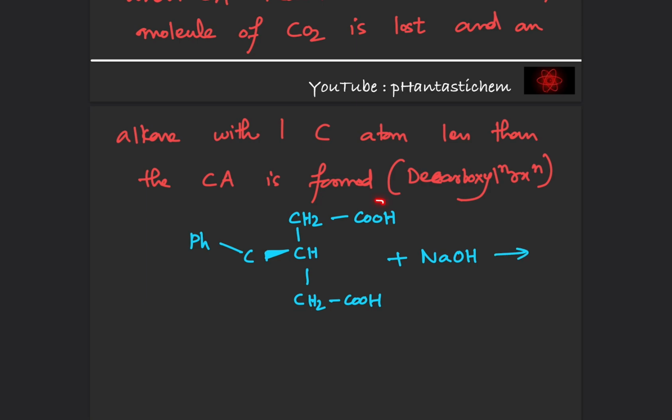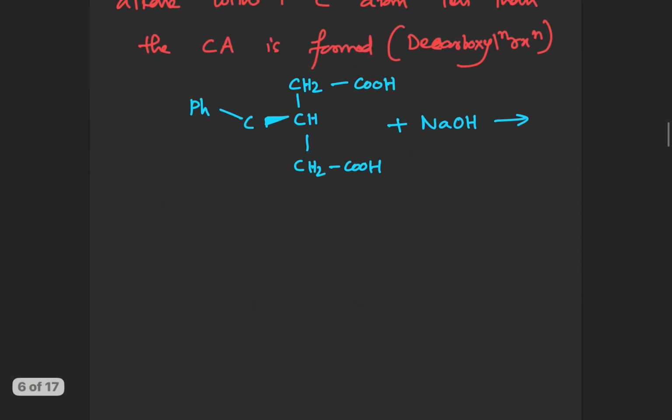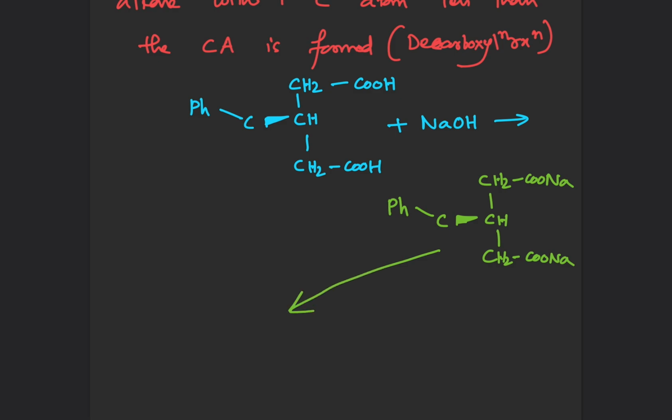Whenever carboxylic acids are treated with NaOH, they form the sodium salt of the carboxylic acid. So we will get PhCH=CH, CH2COONa, CH2COONa, right? And then we treat this with a combo of NaOH.